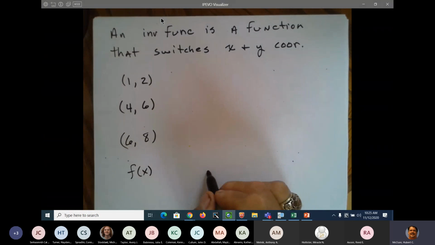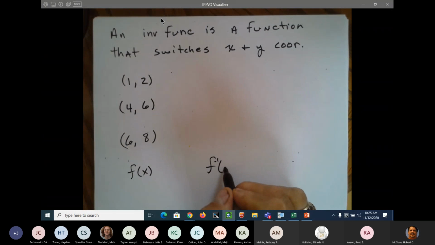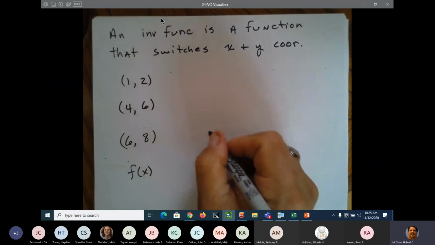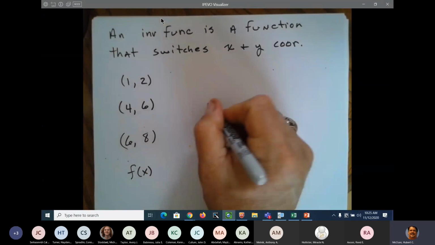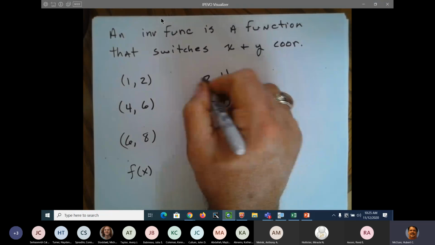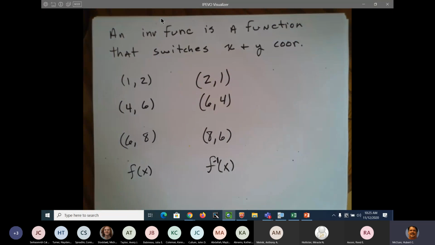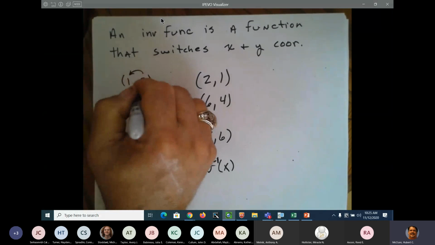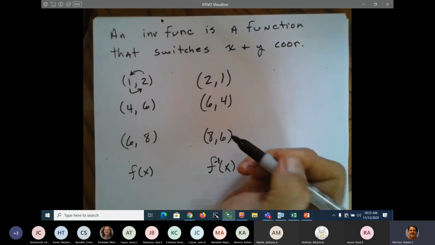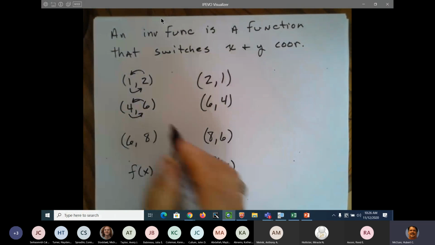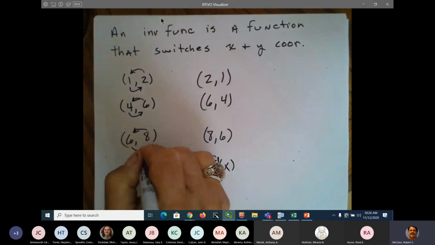Then the inverse function, which is f to the negative 1 of x, would give you (8, 6), (6, 4), and (2, 1). Basically they flip. They put this one here and this one here.